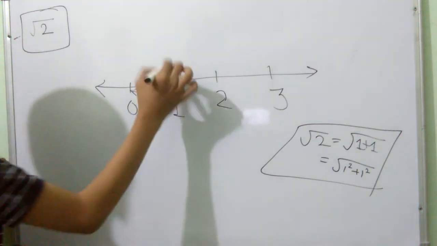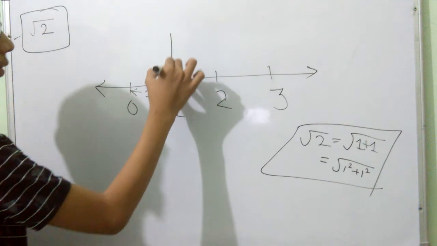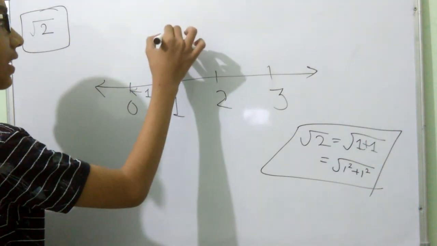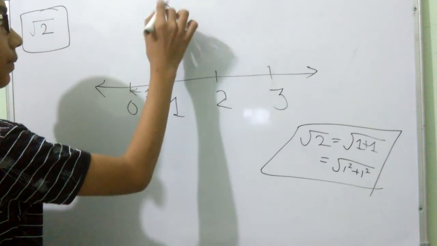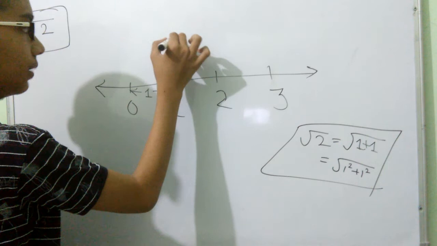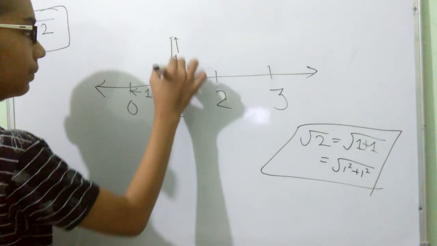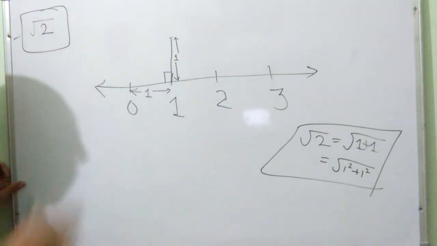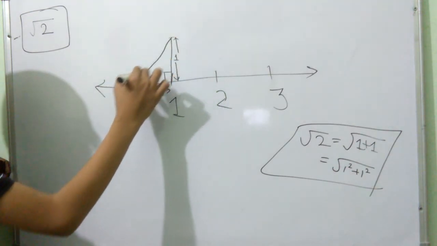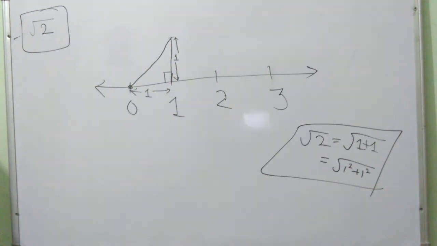Make a perpendicular on this, that means an angle of 90 degrees, of 1 unit. Now join this 0 with this point.